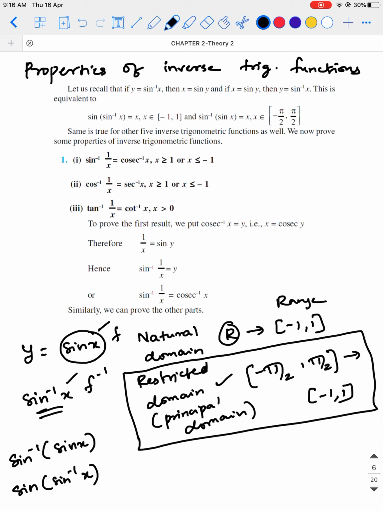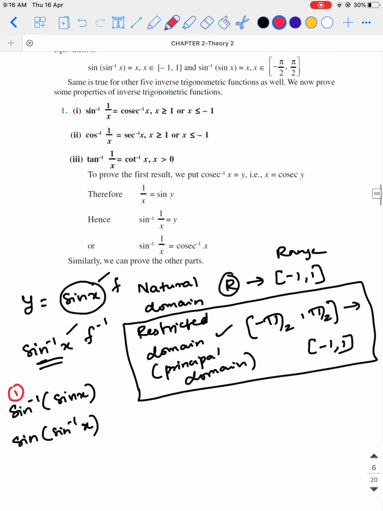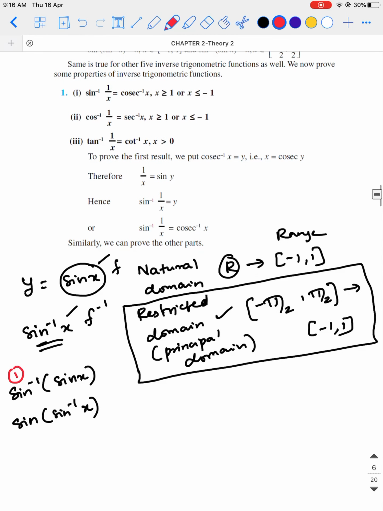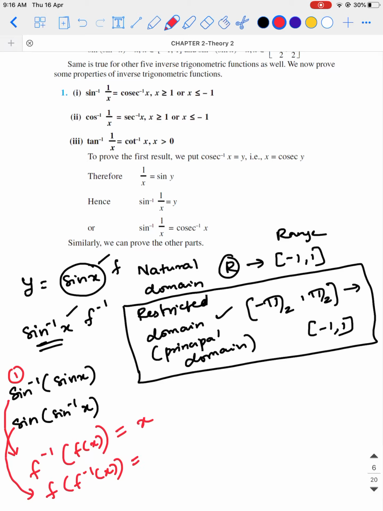The first one is of the format f inverse of f of x, and the second one is of the format f of f inverse of x. From the basics of inverse functions, we know that f inverse of f and f of f inverse both generate x only. So in both cases, it is going to be x only, right?